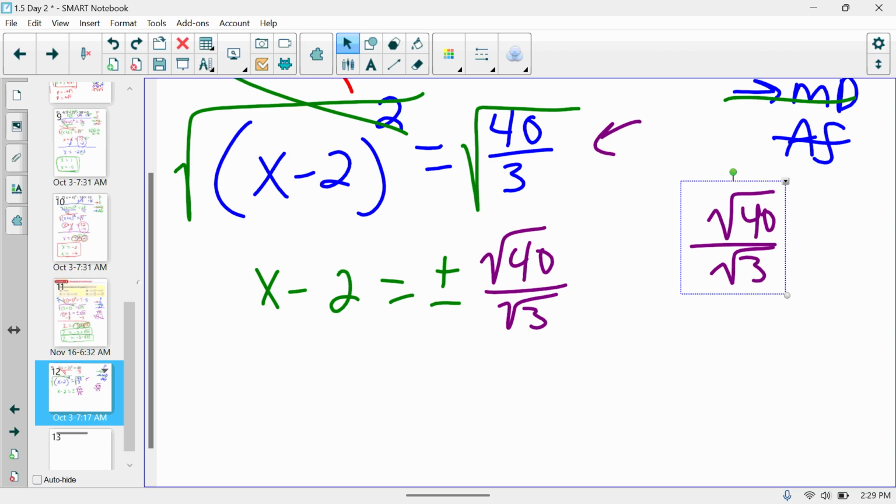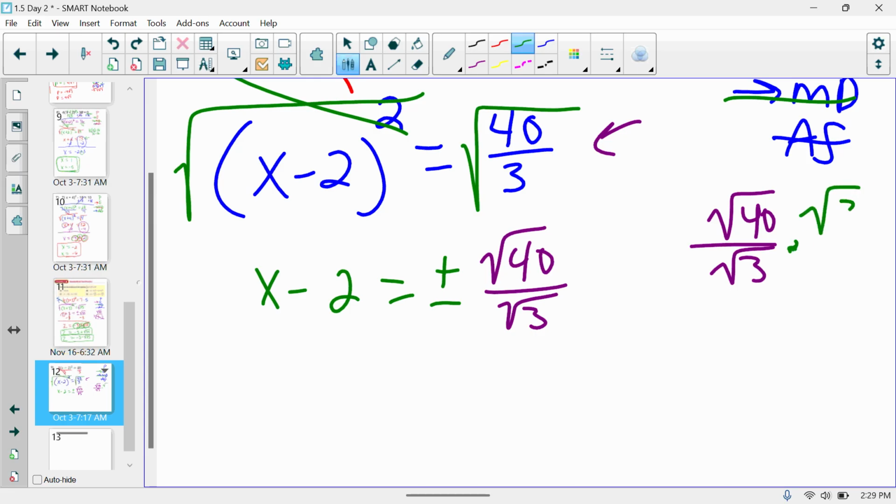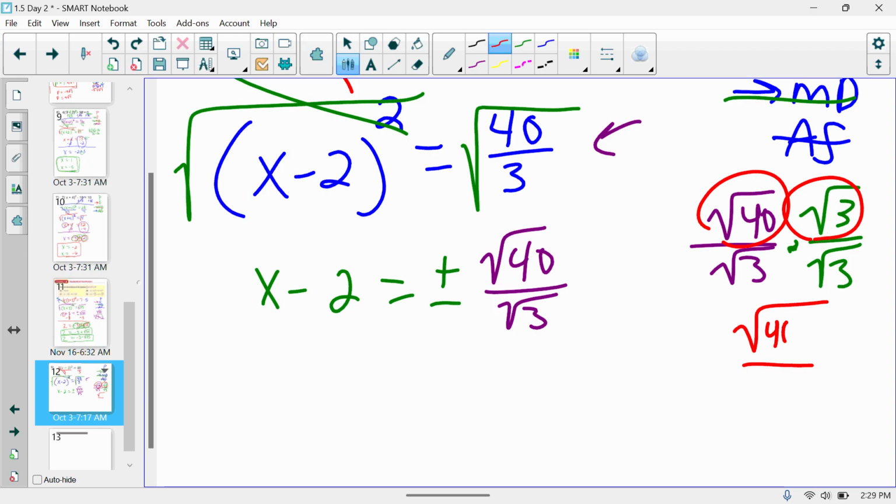Okay, so we have to think about the steps we just learned yesterday. You're going to have to multiply this by radical 3 over radical 3. So let's look at our numerator. Radical 40 times radical 3, just write it as one product, but again, 40 times 3 is just 120.